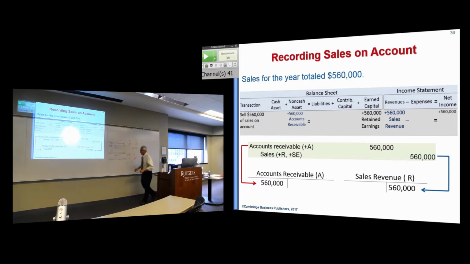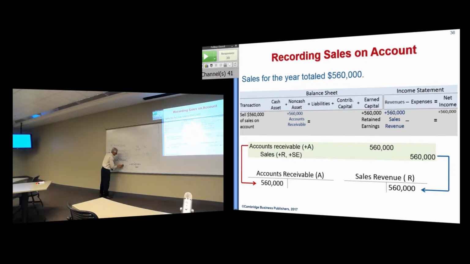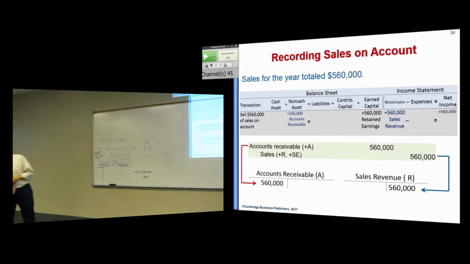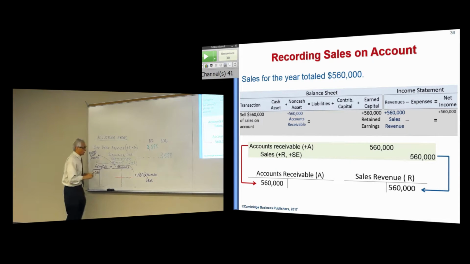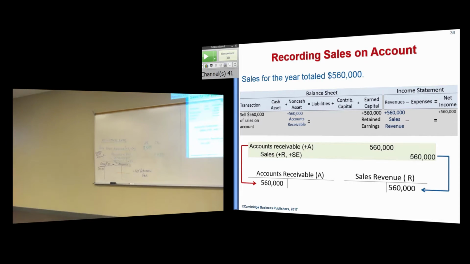So let me actually put these over here. So I'm going to put that in our accounts receivable account. And I'm not going to worry about the sales number right now. So we debit accounts receivable and we credit sales.